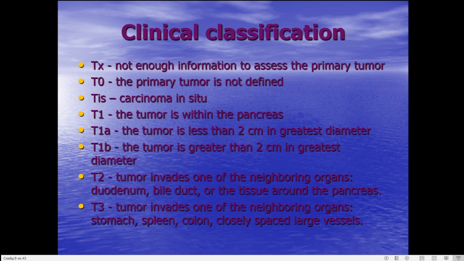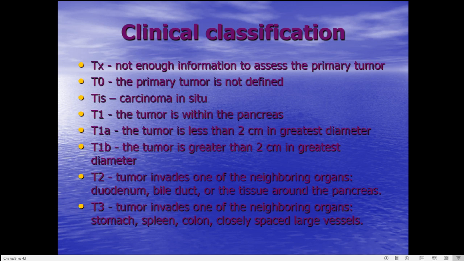T1, the tumor is within the pancreas, divided into T1A and T1B. T1A, the tumor is less than 2 centimeters in greatest diameter. T1B, the tumor is greater than 2 centimeters in greatest diameter.